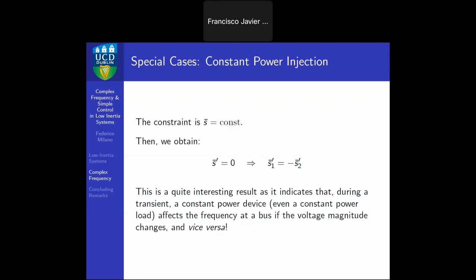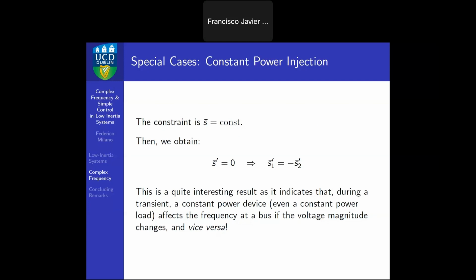And this for me at the beginning was really interesting, because the fact that we can think of P and Q as the sum of two components that have different meaning for the network was a kind of discovery for me. For example, in a constant power injection, we have by definition that the variation of the complex power is zero. But that doesn't mean that the two components are zero.